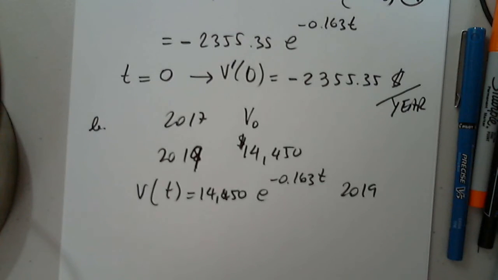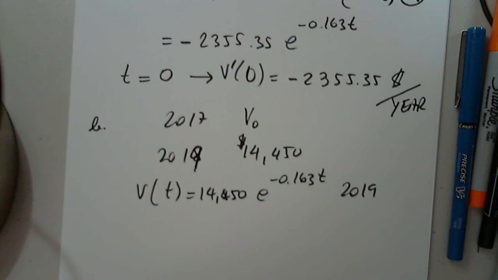So if we substitute -2, let me share my screen. So in the function, that's why I like to see the function. But remember, this is e, and in parentheses, negative 0.163t, or x.